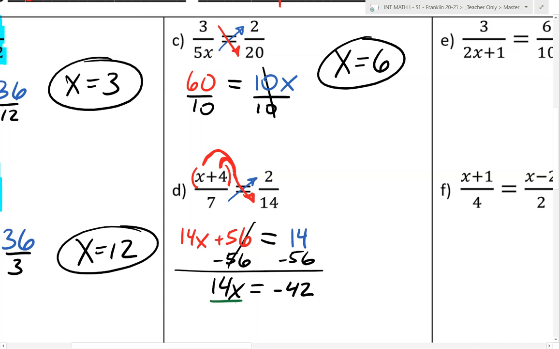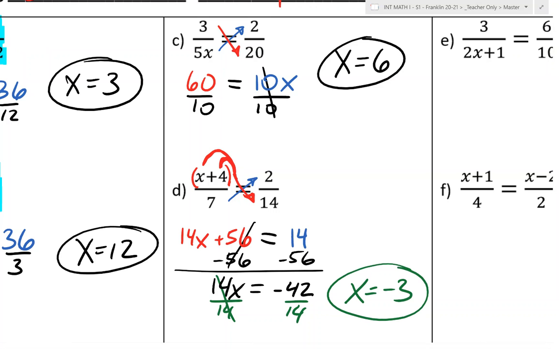And then that gets divided by 14. And so x is -3. Just like any equation, you can take that value of x and plug it in here. So -3 plus 4 is 1. And so you have the fraction 1 over 7, which is equivalent to the fraction 2 over 14.